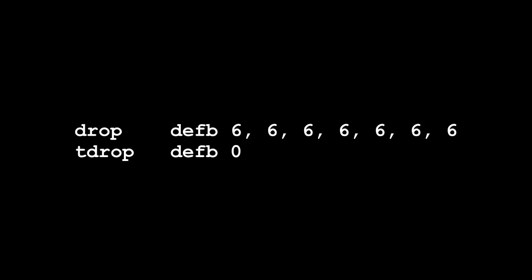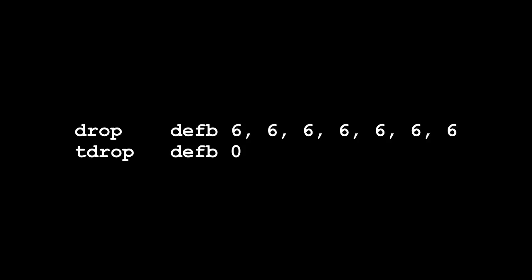So I'm also going to create another pseudo variable called tDrop, and I'm going to start it with the value 0. tDrop is just my shorthand for temporary drop, and I'm using it as a temporary storage location for a piece of information that I need to put somewhere, because I can't just keep it in the accumulator, because I'm going to be using the accumulator.